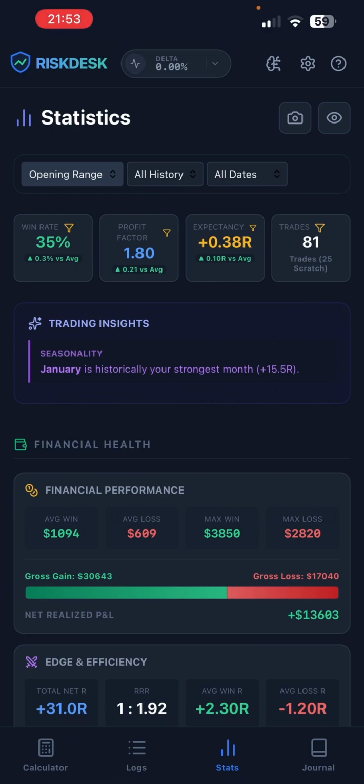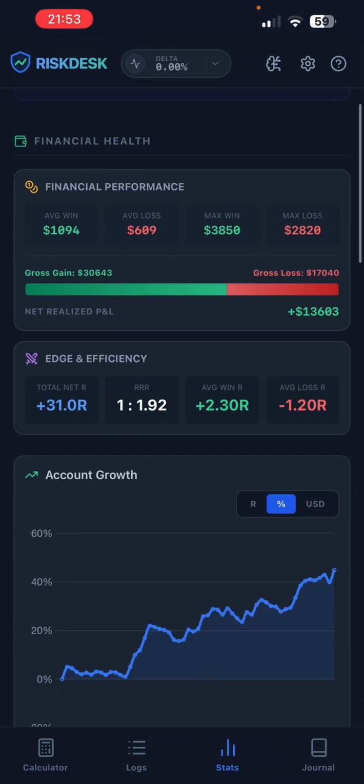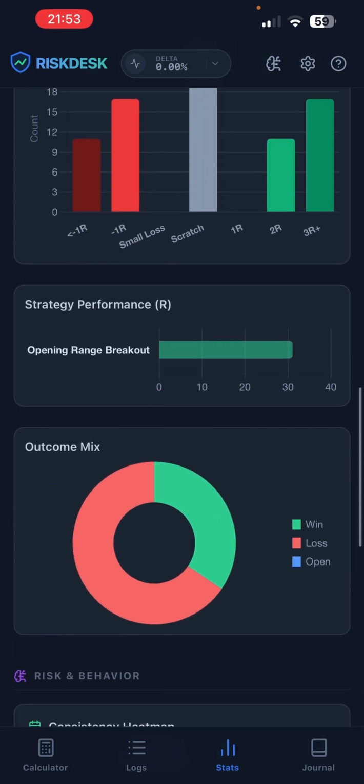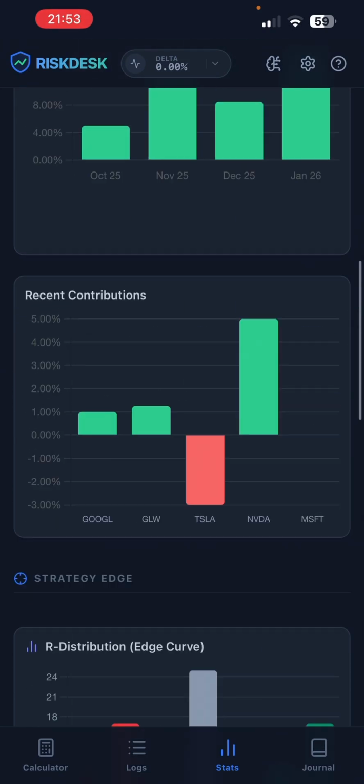You can see how that win rate compares to your average win rate, what your profit factor is, how it compares to your average, etc. The trading insights is contexted. Again, it will then tell you which month has been most effective for your opening range breakout strategy. The financial performance, the edge and efficiency, all of these stats start to become contexted.